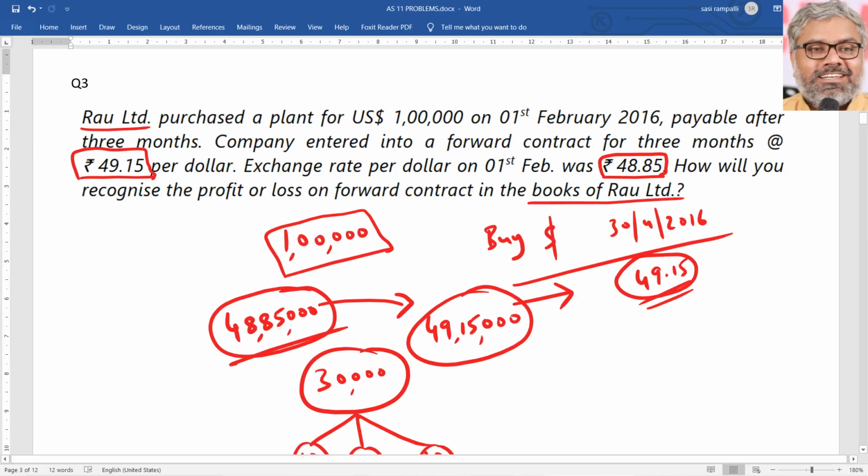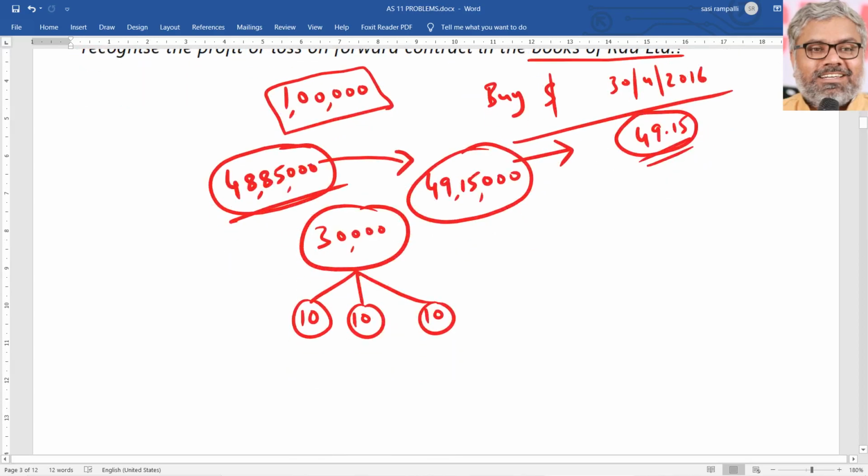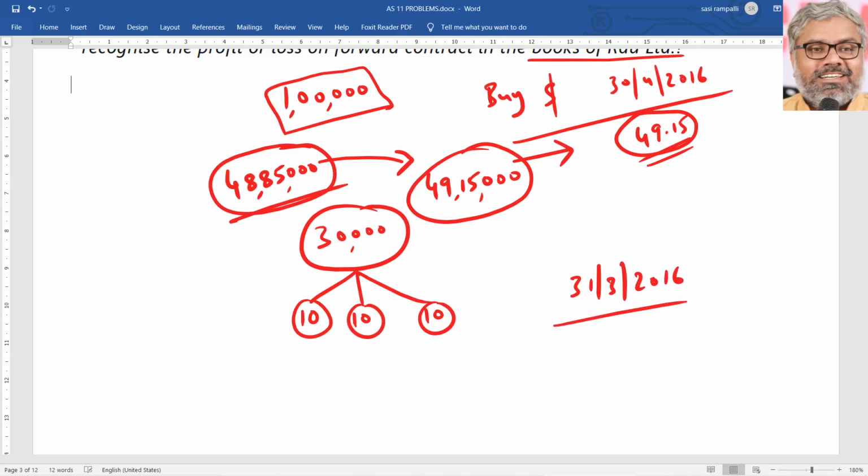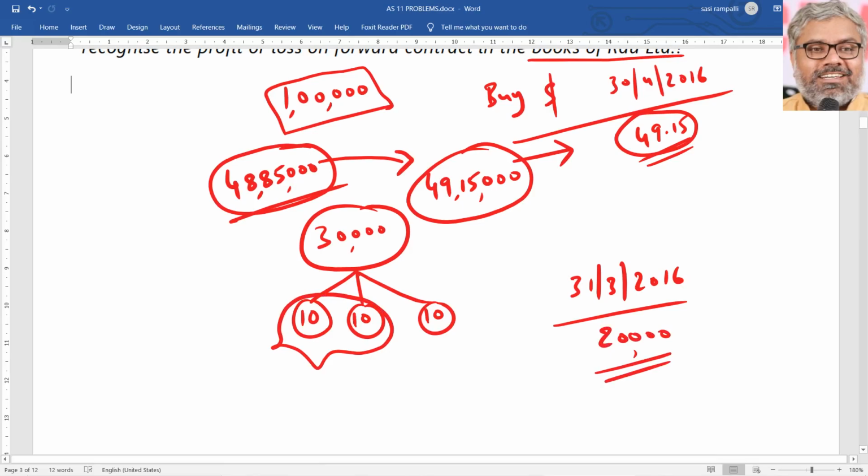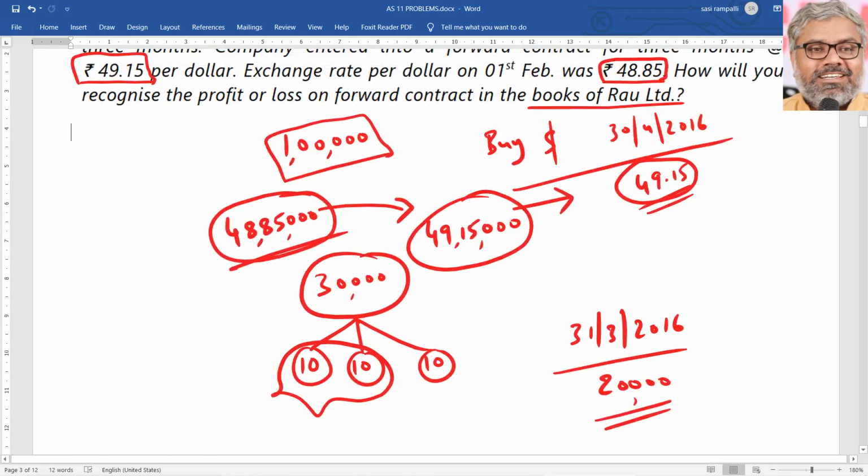Naturally, we have to assume that on 31st March 2016, when the books of accounts of Rao Limited are getting closed, 2 such amortizations would have happened. That means 20,000 should be charged to the profit and loss account at the end of financial year 2015-16.